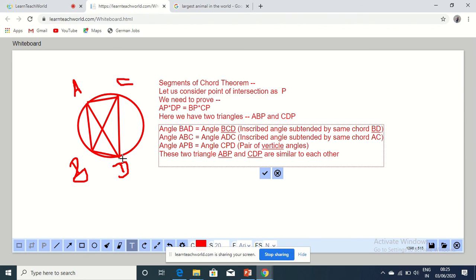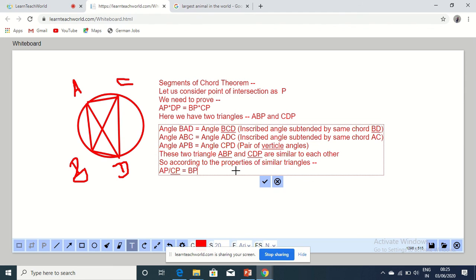then according to the properties of similar triangles, I can write AP divided by CP will be equal to BP divided by DP and will be equal to AB divided by CD.